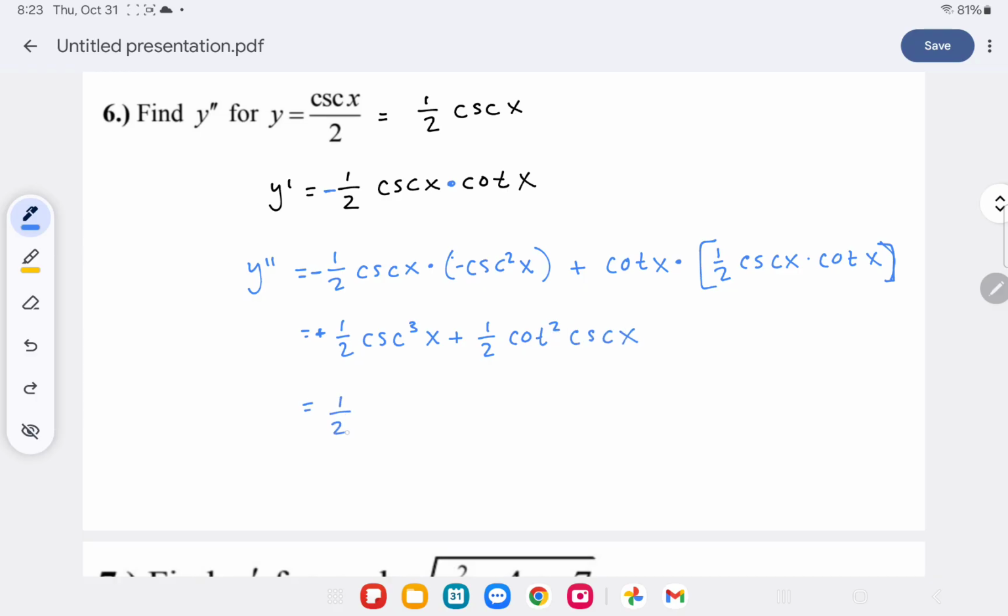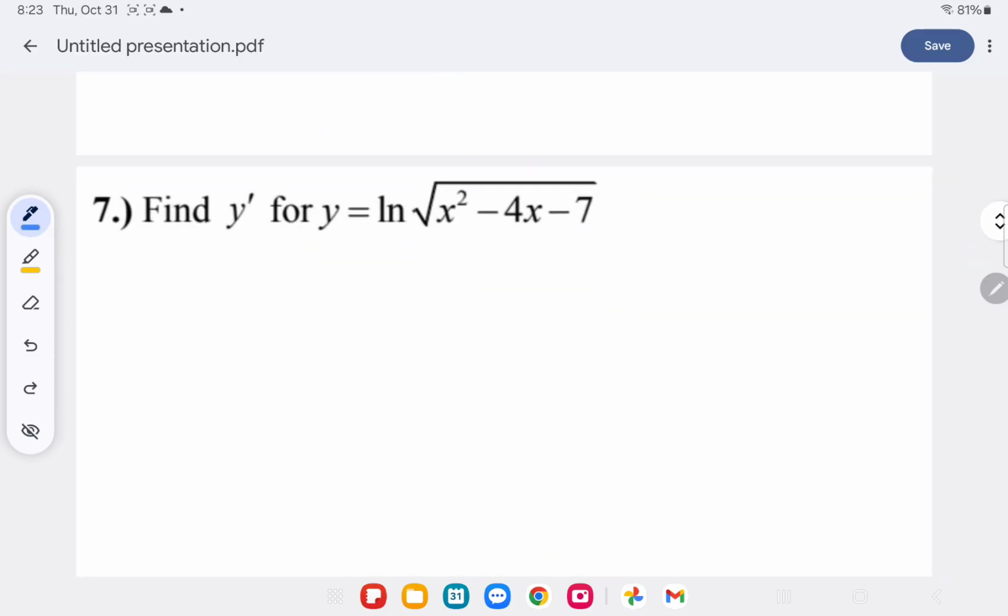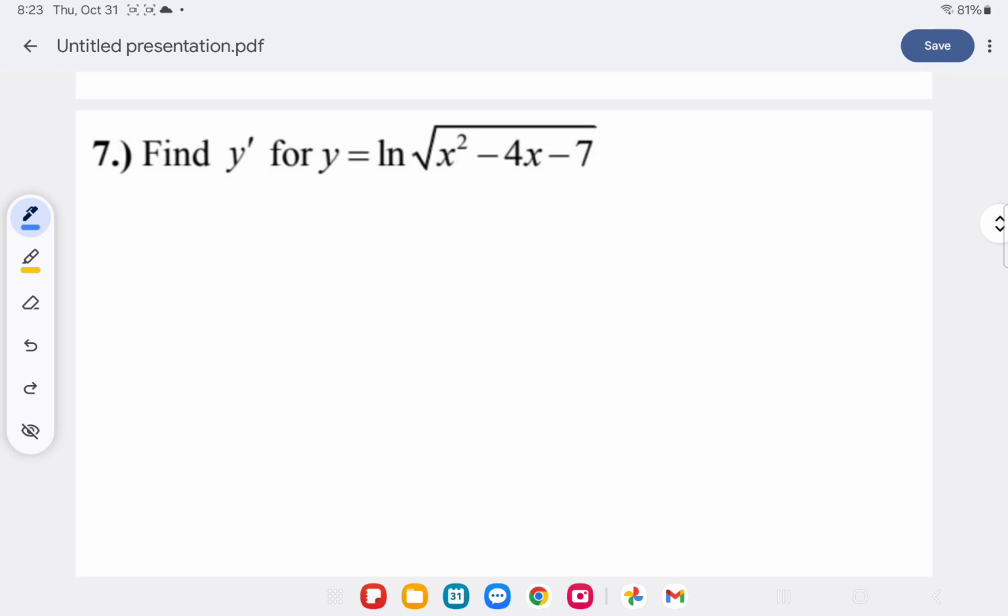Both terms have a 1/2 and a cosecant. And we're taking out cosecant squared and cotangent squared. And that would be it. That's a little bit of a doozy. Okay, next one.